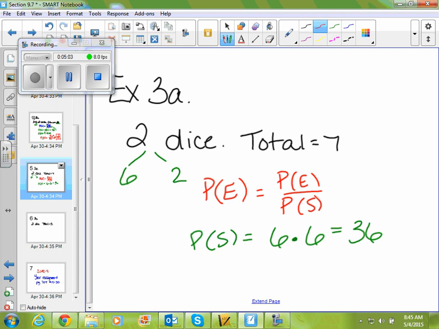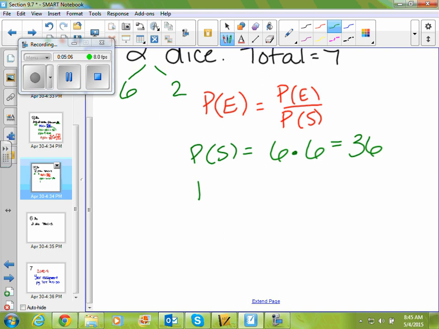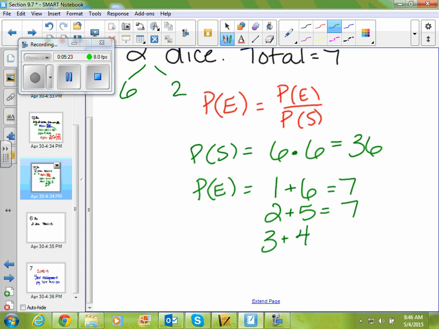To find the probability of my event of them adding up to 7, I have to check how many options I have that add up to 7. If I roll one die and get a 1, and the other die gets a 6, that gives me 7. If I roll a 2 and 5, that will give me 7. A 3 and 4 will give me 7. A 4 and a 3 will give me 7. A 5 and a 2 will give me 7.